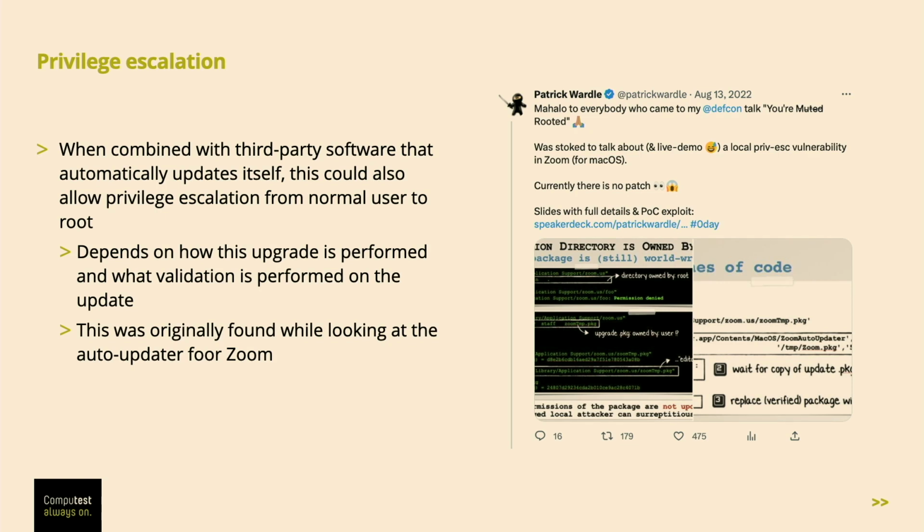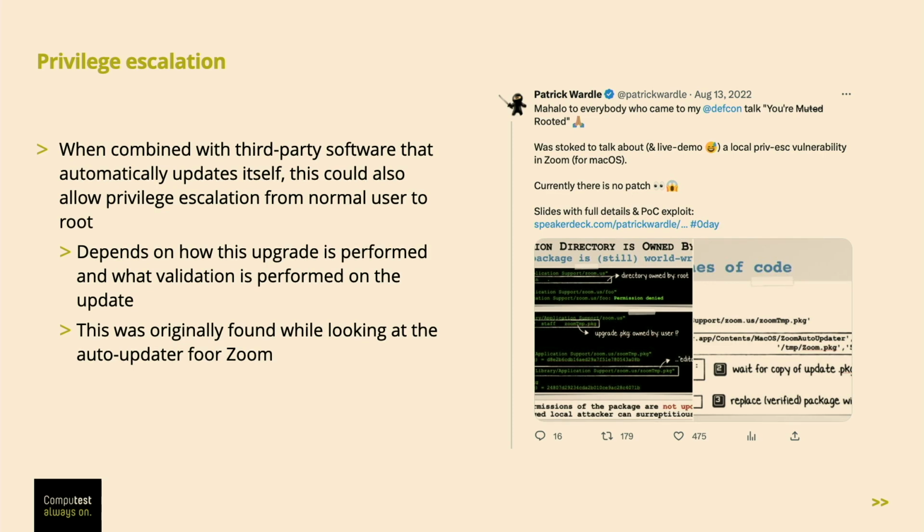So if you have a third-party tool that automatically installs updates in the background, then that often runs as root, and it often works with package files, but it really depends on the software. So for example, I know Zoom nowadays has a privileged updater that runs in the background, and when there's a new update, it's automatically installed. But if you combine it with something like that, then you could get privilege escalation.